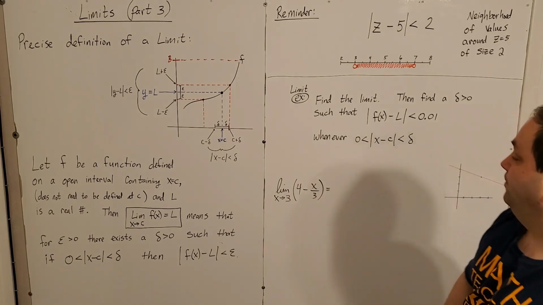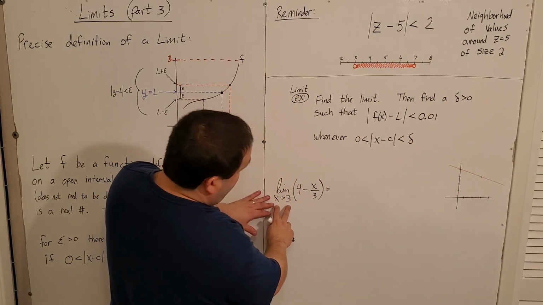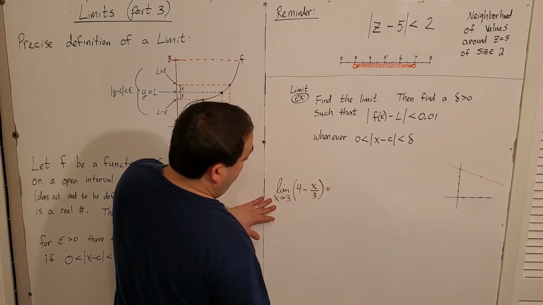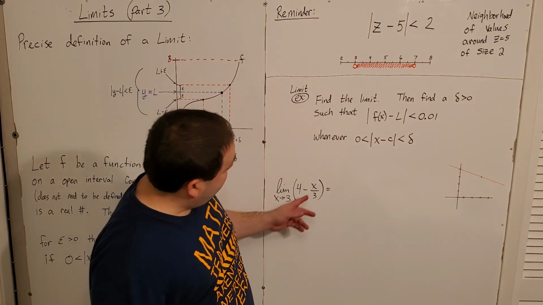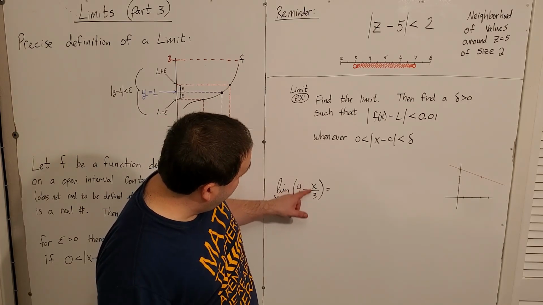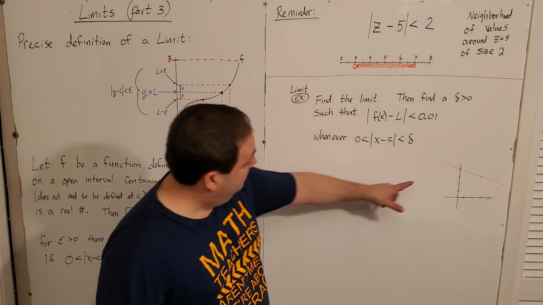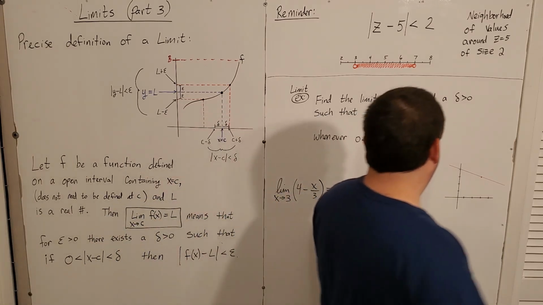So here we go. Right here, the limit as x approaches 3 of 4 minus x over 3. Now, as you can see, this is a linear function, right? X to the 1 has a slope of negative 1/3, an intercept of 4, right? So that's what I have graphed over here.